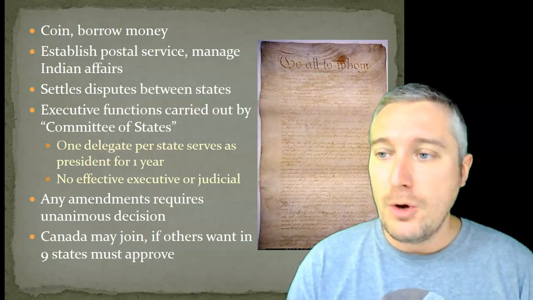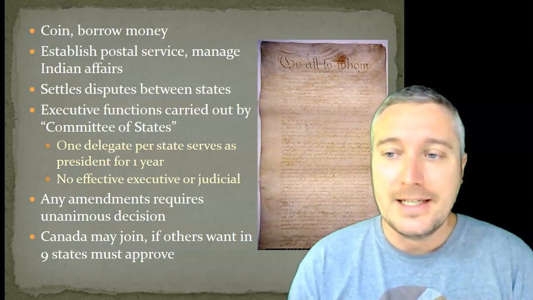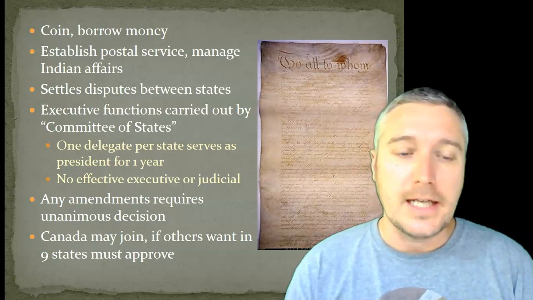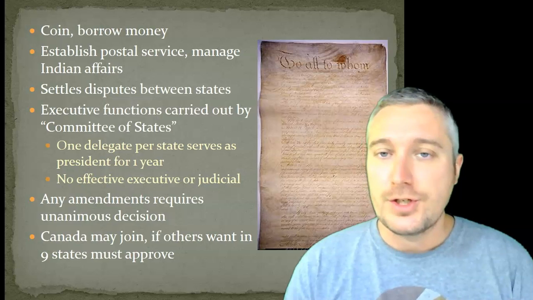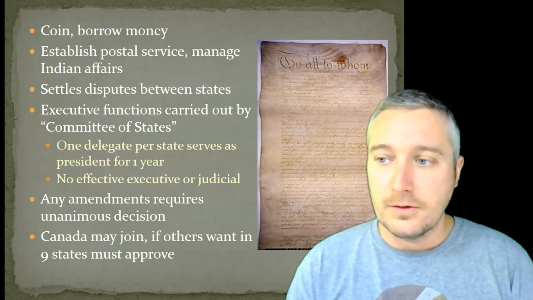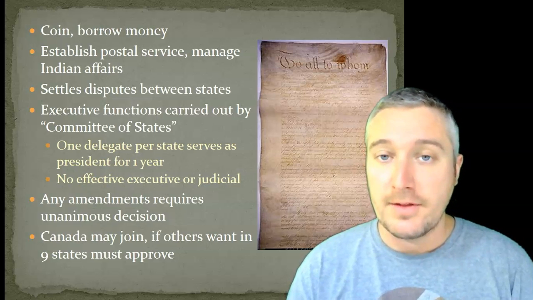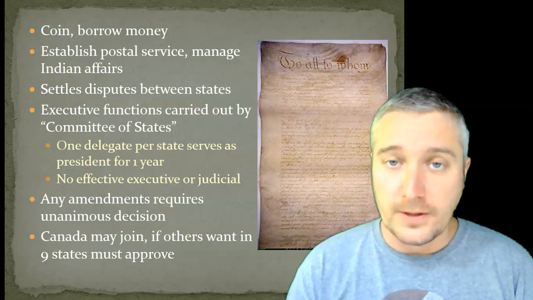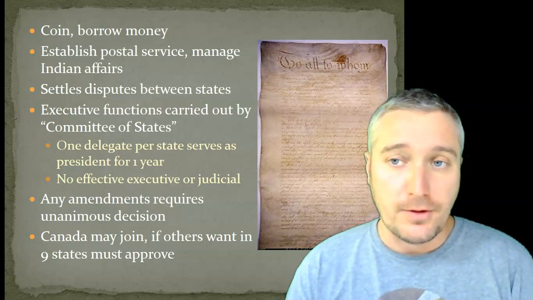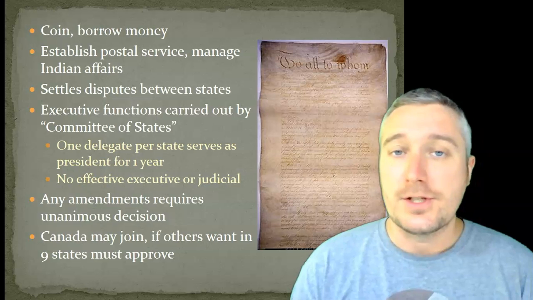They could establish a postal service, manage Indian affairs, and we often fail to mention the native peoples that are, of course, still present not only in these states, but are vastly present in the area that America will soon take over, and that is kind of the British territory. Basically all the land from the 13 states over to the Mississippi River.